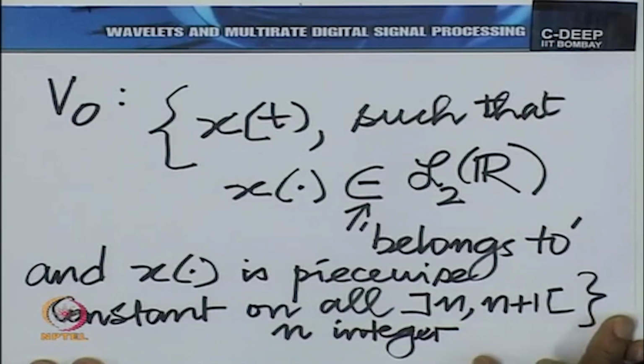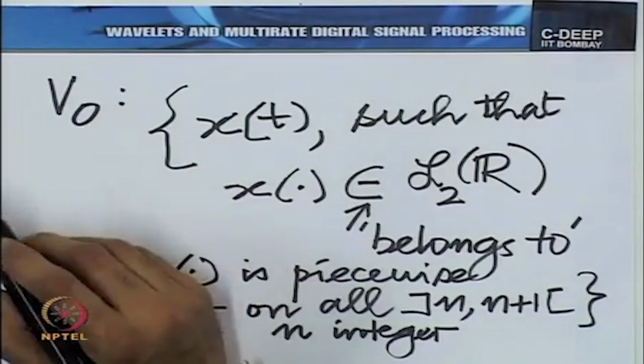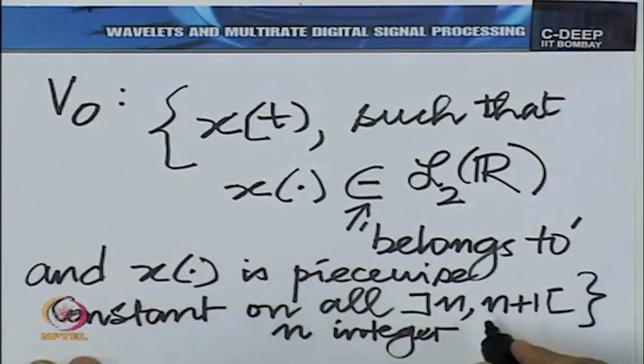Now, once we have talked about V 0, in fact, the reason for giving the subscript 0 here is that we are talking about 2 to the power of 0 as the size of the interval. That is important enough, I think, to make a note.